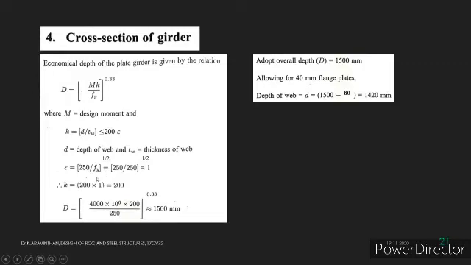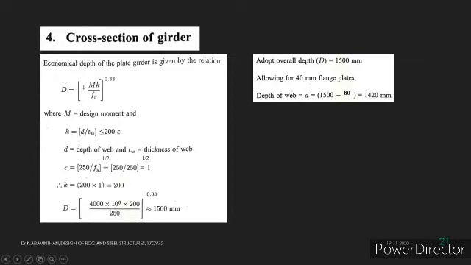For the current design, we have assumed the yield strength of the steel as 250, hence the value will be 1. To find K, 200 into epsilon, which is 1, the final answer for K will be 200.